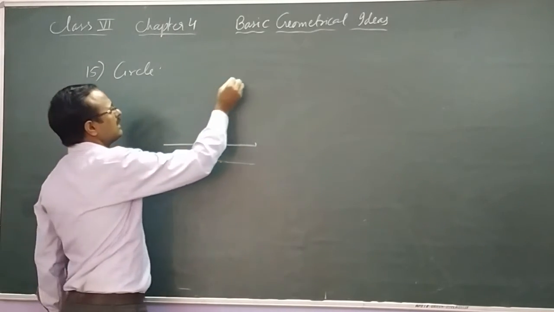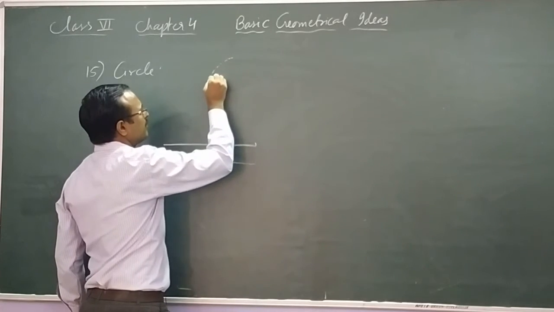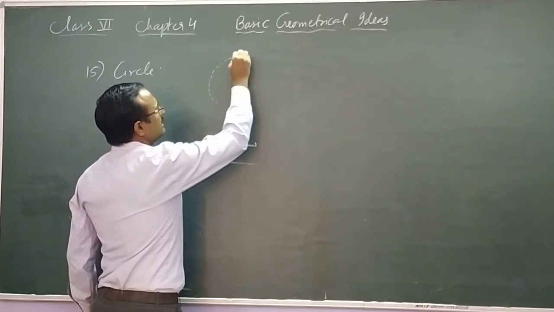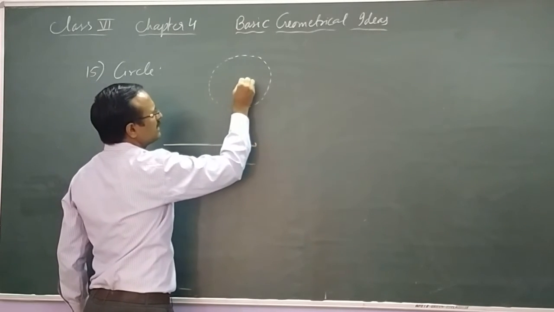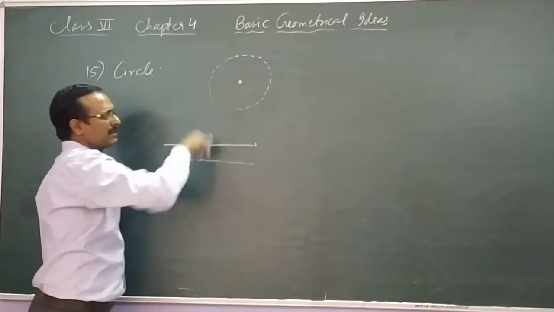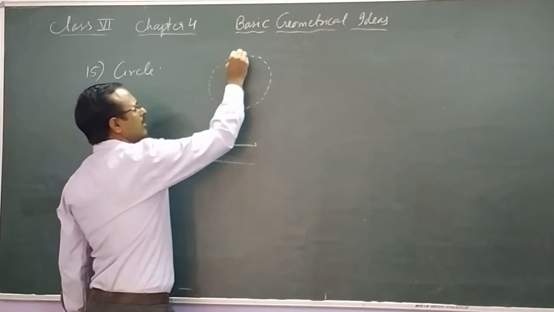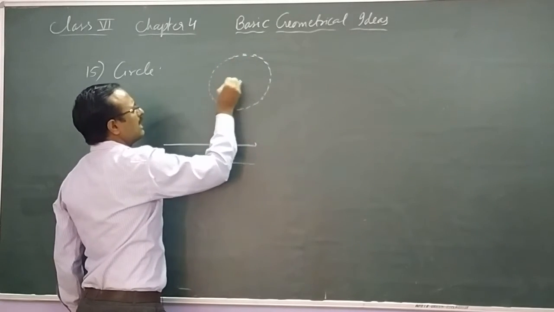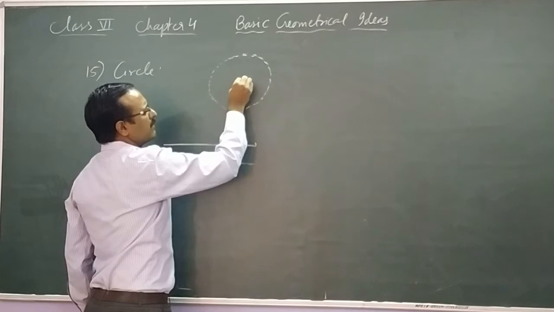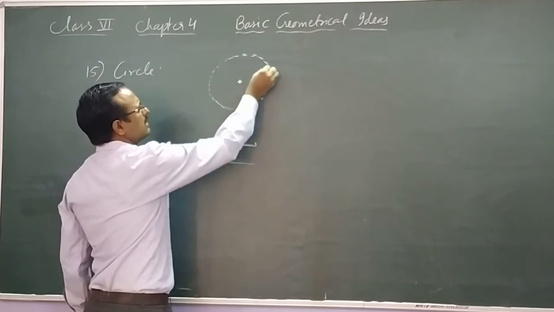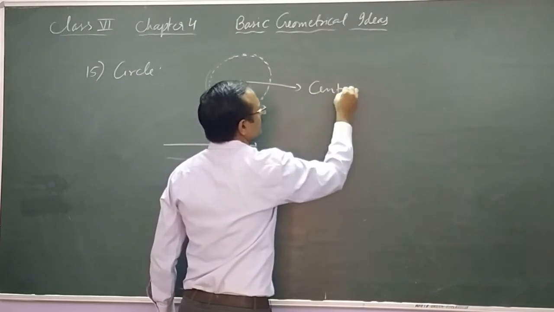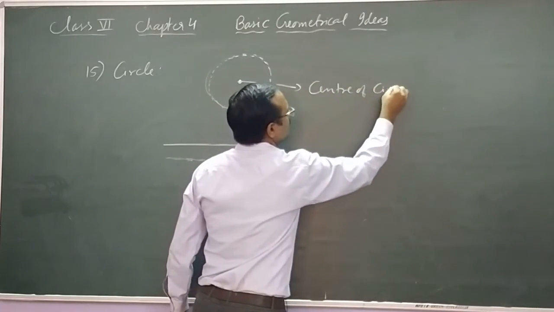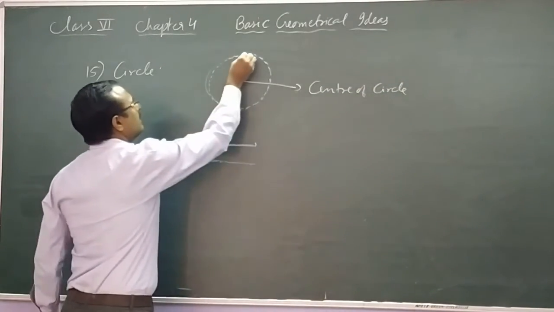Similarly, a circle is also a set of points. It is a set of all the points which are at equal distance from a given point. This point is called the center of the circle, and this is a circle.